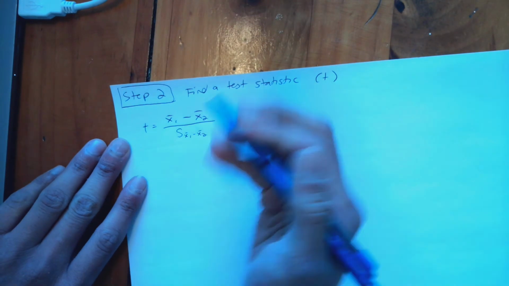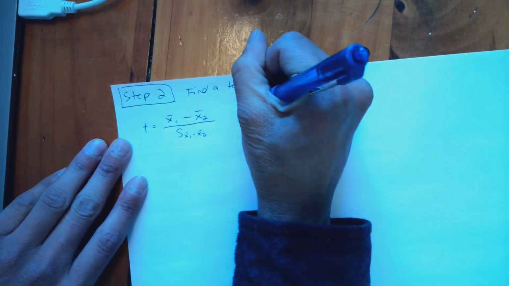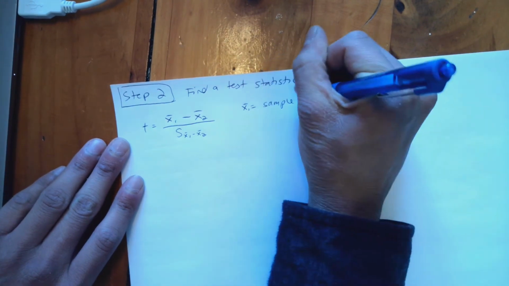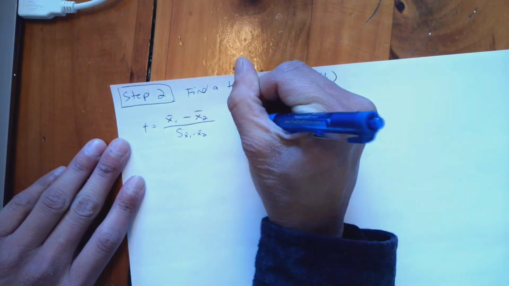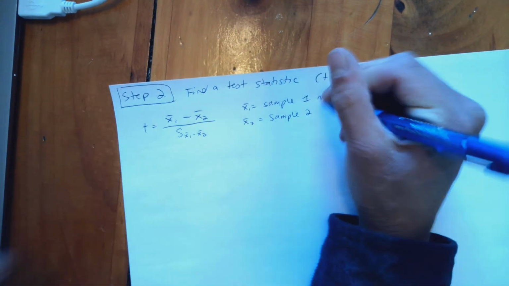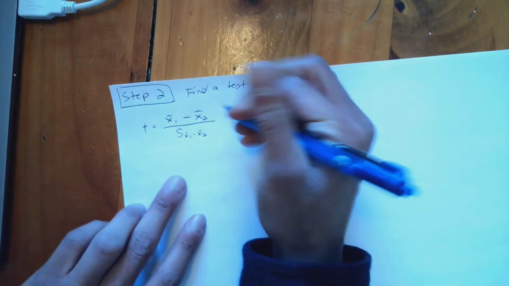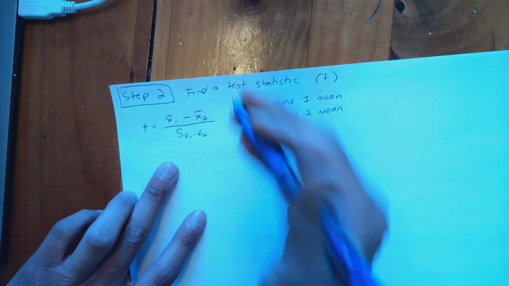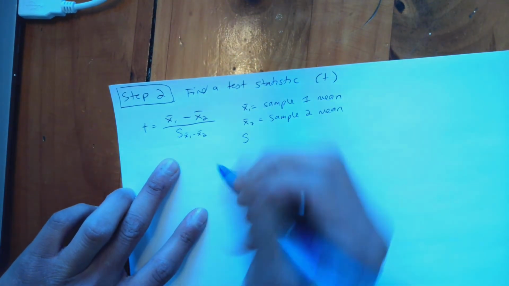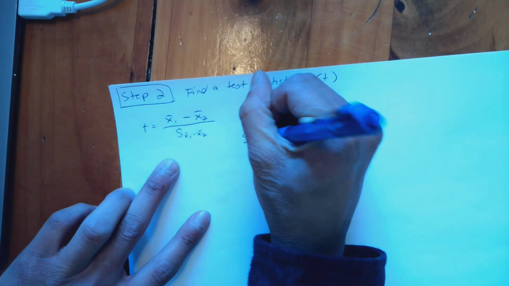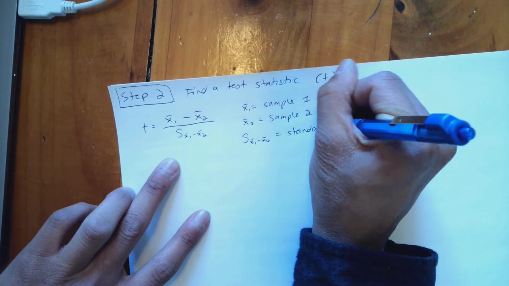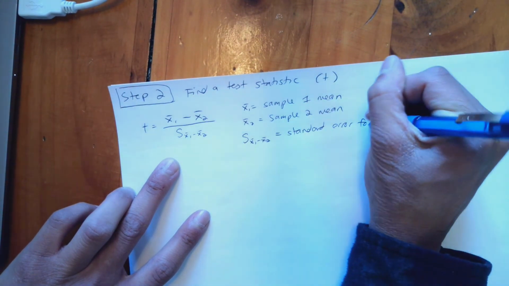Where x bar sub 1 is our sample 1 mean, x bar sub 2 is our sample 2 mean, and this big clunky thing down here, S sub x bar 1 minus x bar 2, is the standard error for the sampling distribution.